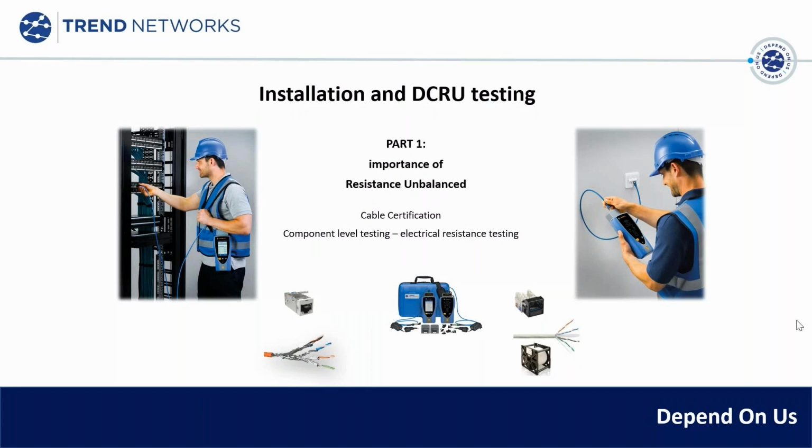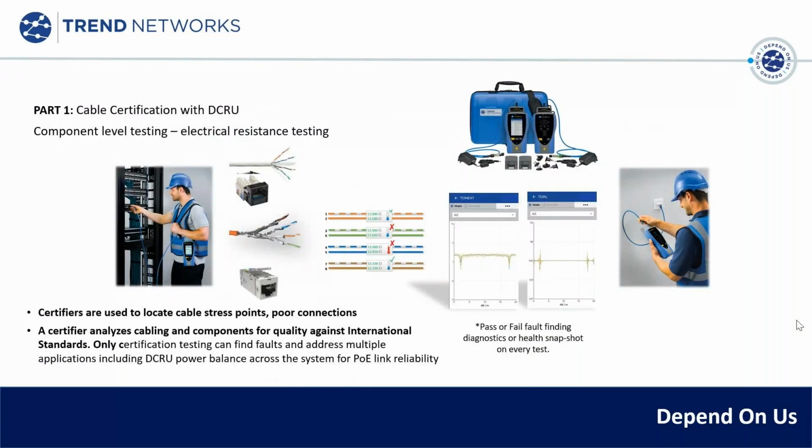So part one, we need to do our resistance test, our resistance unbalance test. So number one is certification. Certification is perfect because we use an electrical frequency device to scan the complete cabling system. And what we get is we're able to capture electrically the map of those particular components across the whole link.